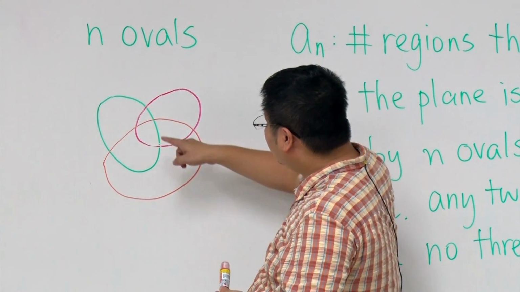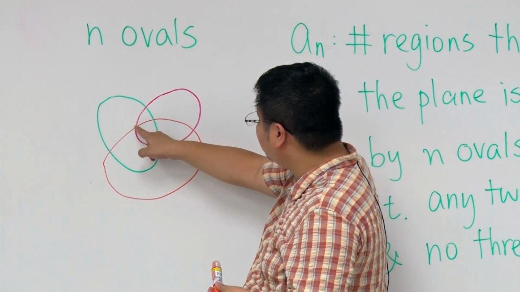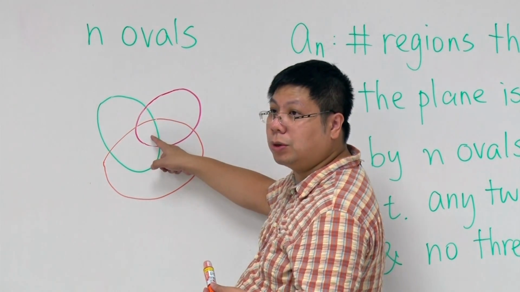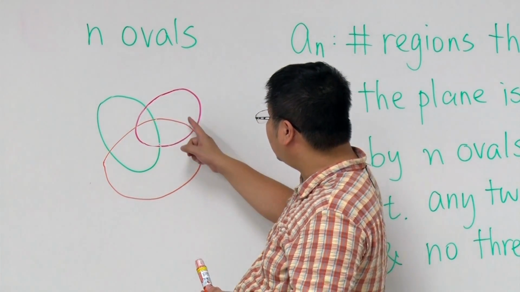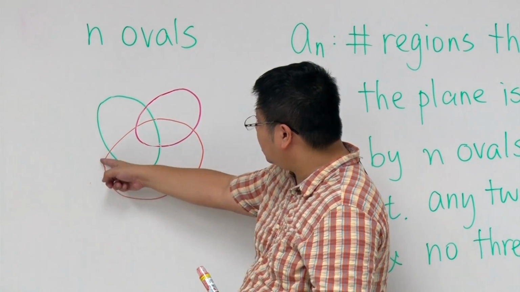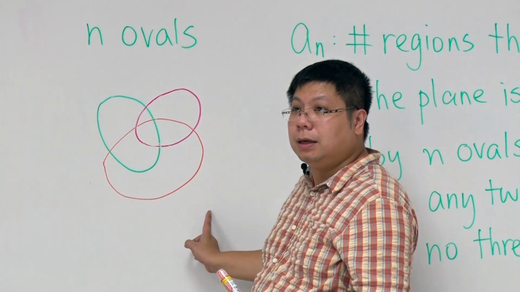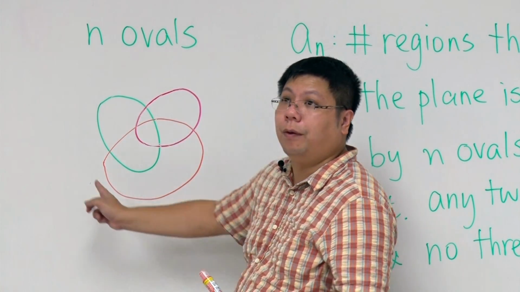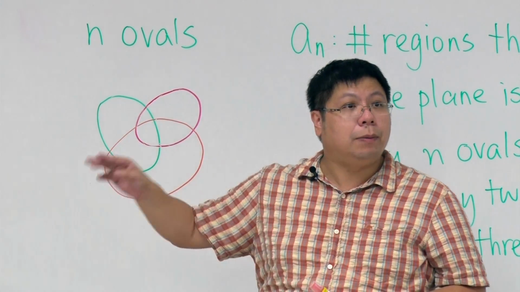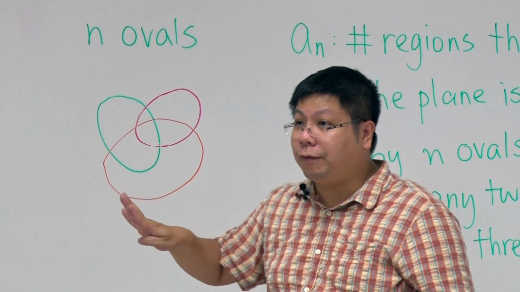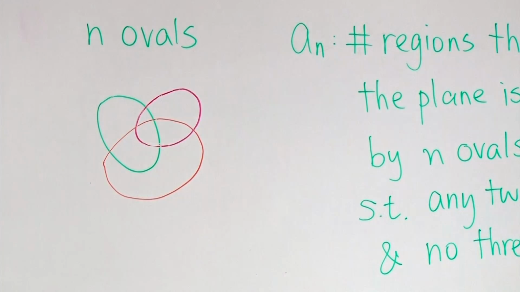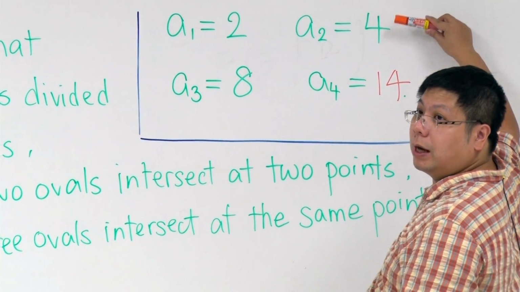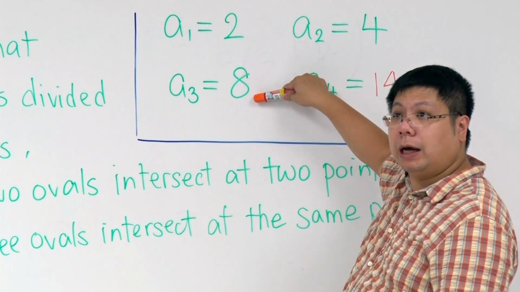And then this new segment, from this point to this point, makes this region from 1 into 2. It adds one more. This segment adds one more. This segment adds one more. And how many segments are there? 1, 2, 3, 4. 4 segments, then we're adding 4. So previously, start with 2, you add 2, you get 4. And now you have 4, you add 4, you get 8.